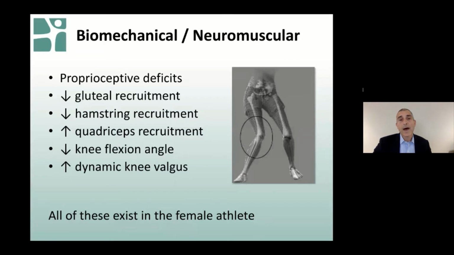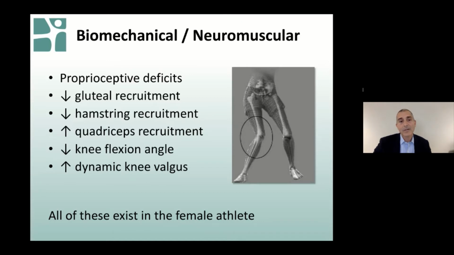One of the most important modifiable factors in talking about the risk of ACL tears are the biomechanical and neuromuscular factors. There are a variety of differences between young male and female athletes. What we know is that decreased recruitment of your buttock muscles or your gluteal muscles, decreased recruitment of your hamstring muscles, and increased recruitment of your quadriceps all can increase the risk of ACL tears during sport activities.